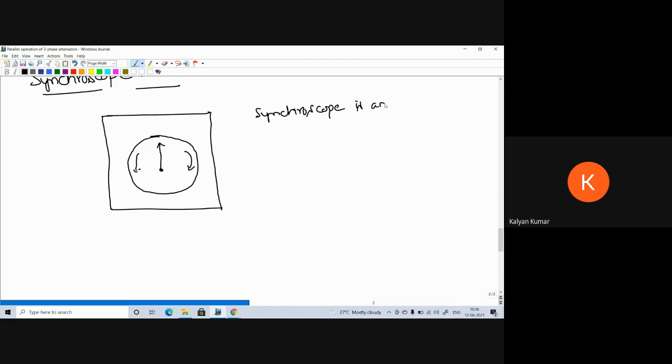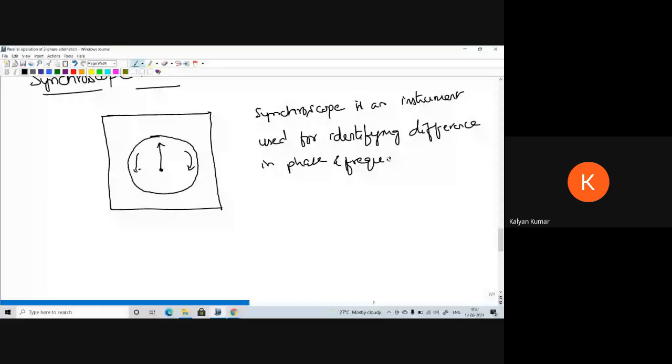Synchroscope is an instrument used for identifying difference in phase and frequency between two voltages.